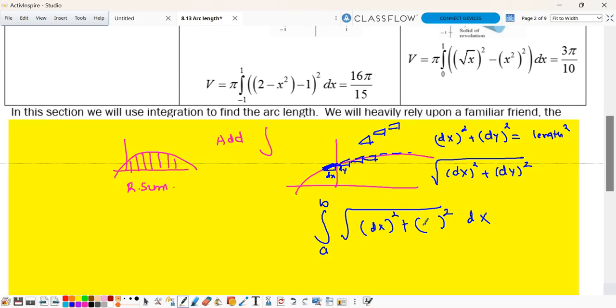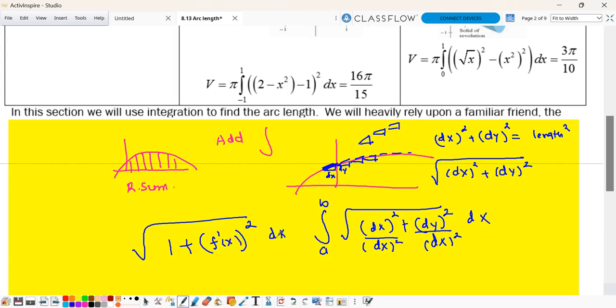But then who is dx and who is dy? We have to do a little algebra. If I divide everything by dx squared, dx over dx gives me 1, and dy over dx is our f prime, times dx. So this is the formula for arc length.